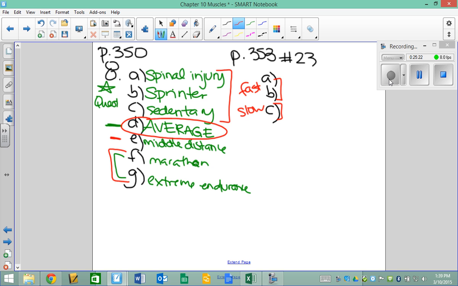So what kind of visible characteristics will you have? This is where you could put something like what color the muscle might be. These muscles might be darker. These muscles might be lighter in color. That would be something that the researcher would see when comparing muscle tissue. Does anyone have any questions they'd like to ask there?